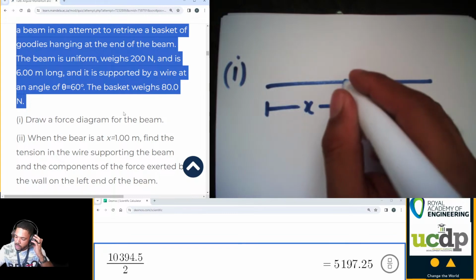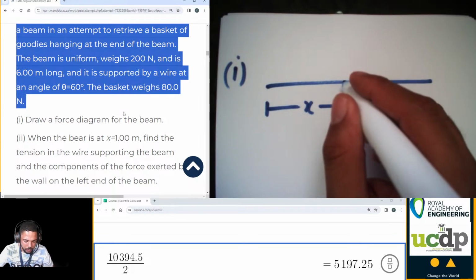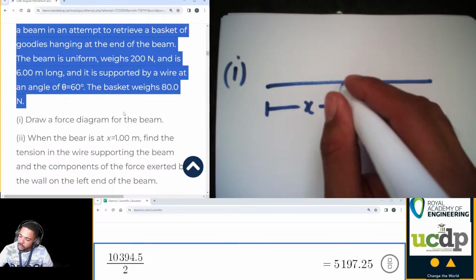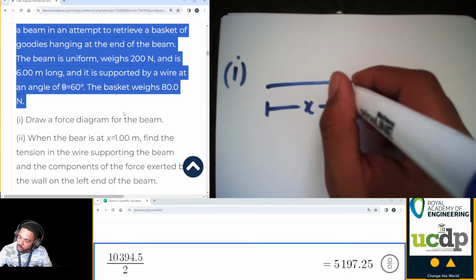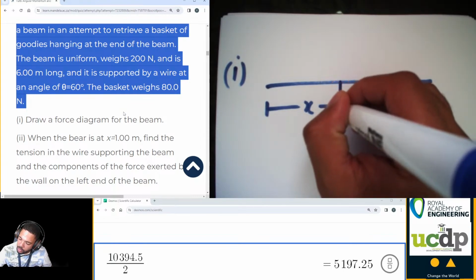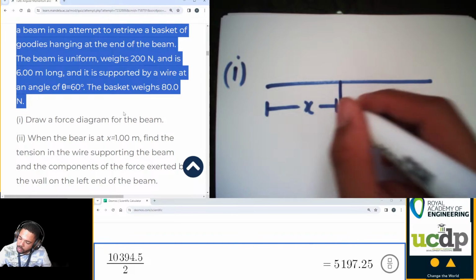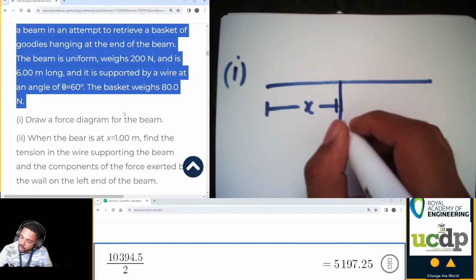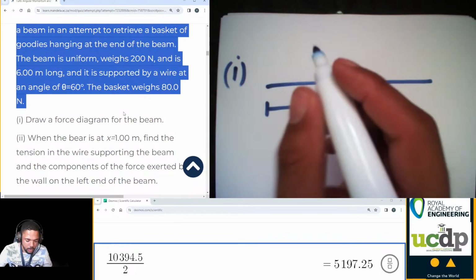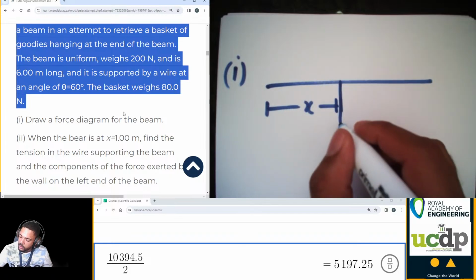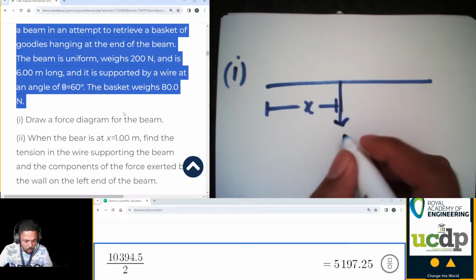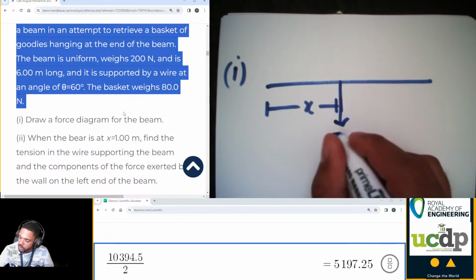So a certain distance x away is the bear. That bear is a distance x away from the tip of the beam, and this bear has a weight of 700 newtons.